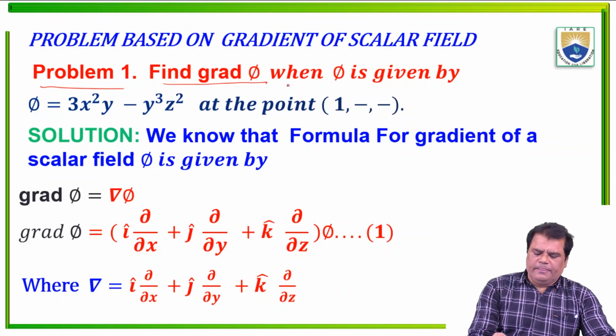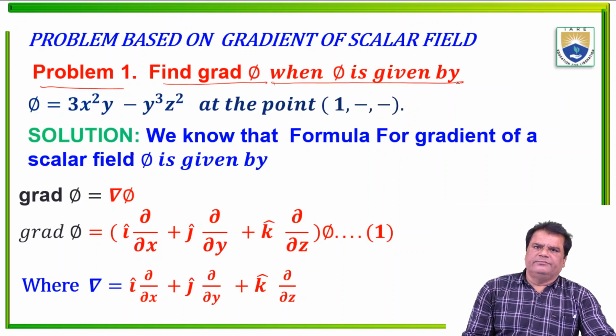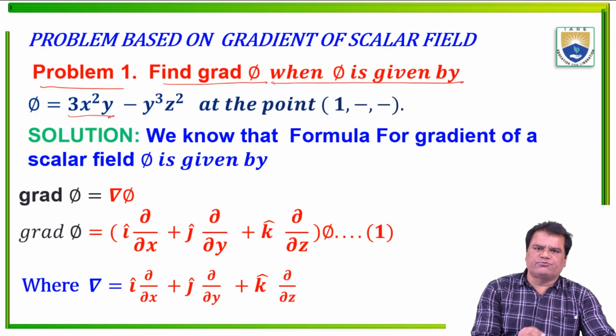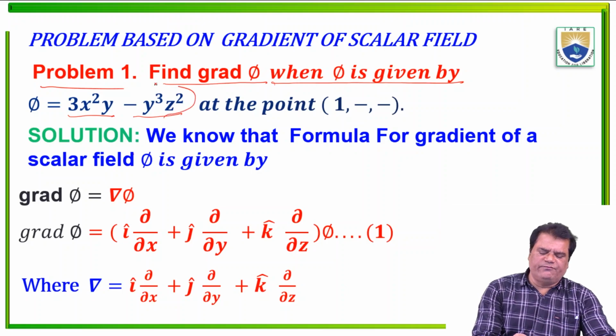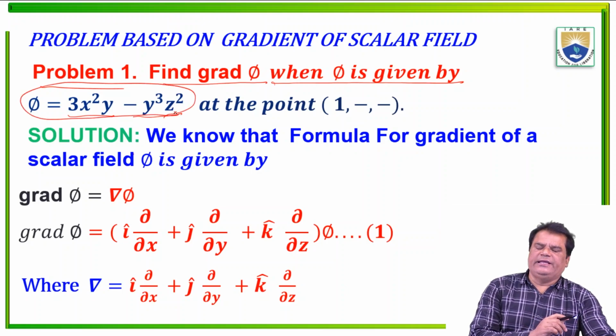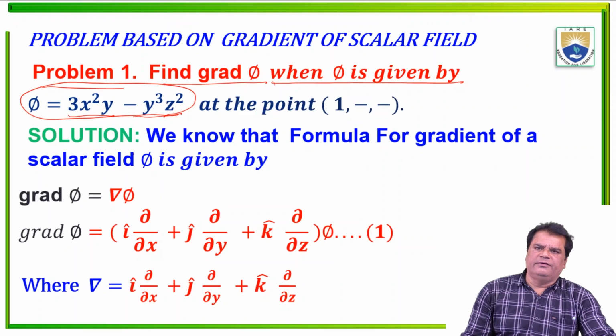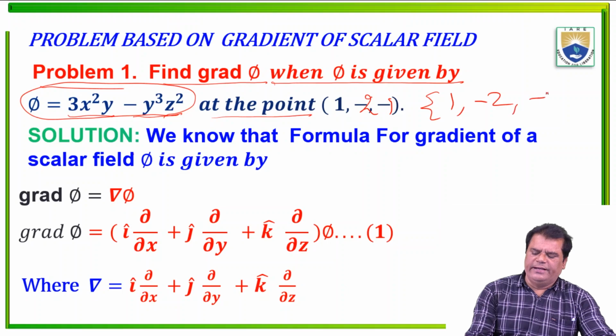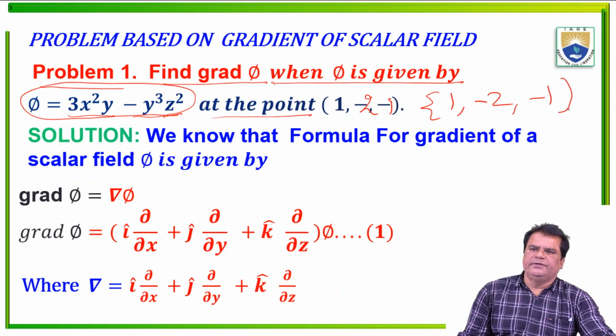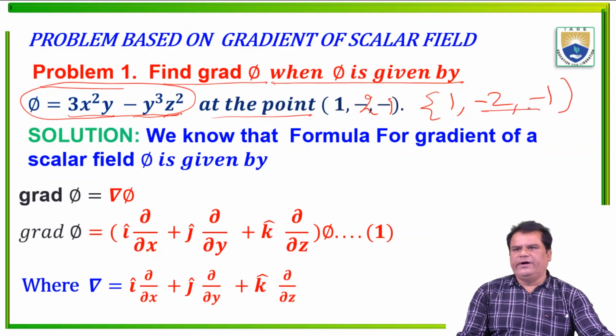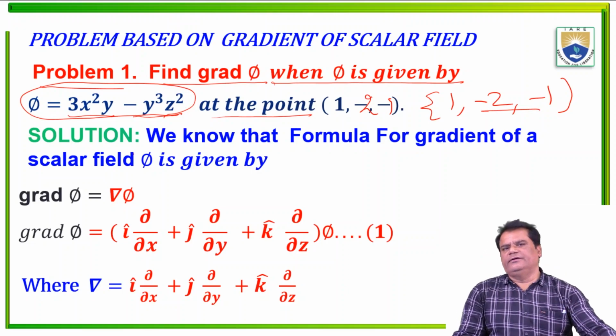Here phi is given by 3x²y − y³z². This is the scalar field function, at the point (1, −2, −1). At this point we find the value of grad phi.